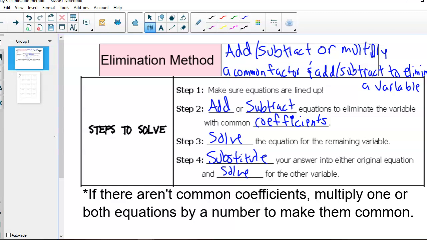We solve for whatever's left, put that back into the original, just like with substitution, to find whichever variable we didn't find. If there aren't common coefficients, multiply one or both by a number to make them common.